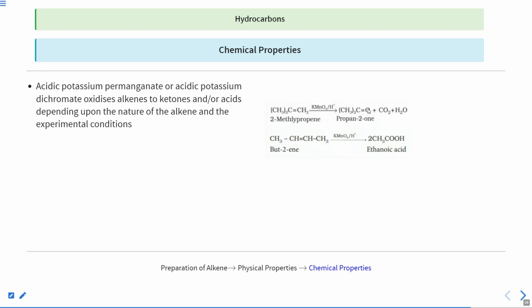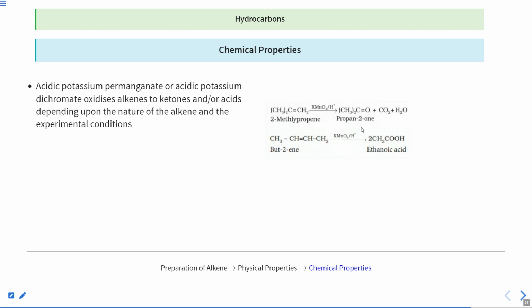Since it is a secondary carbon, it cannot be oxidized further, so it comes up to ketone only, but the other one has the possibility of conversion to CO2, so it gets converted to CO2.